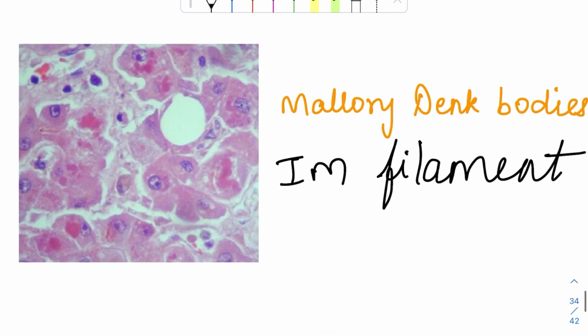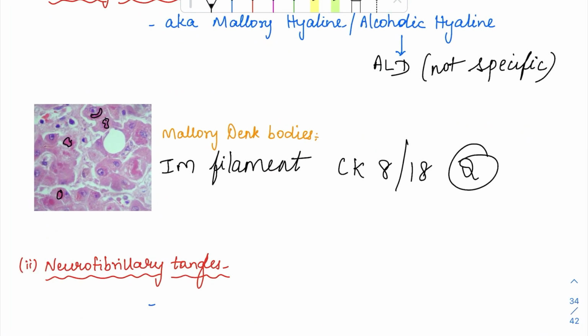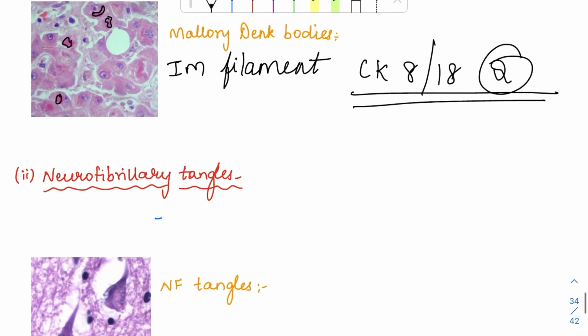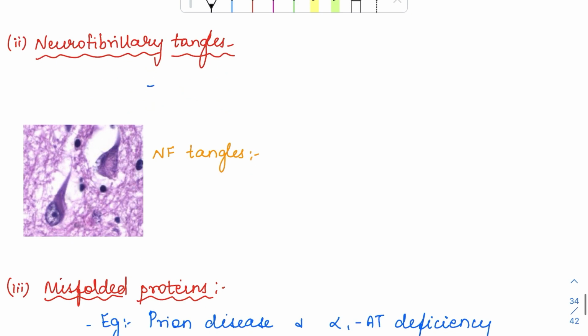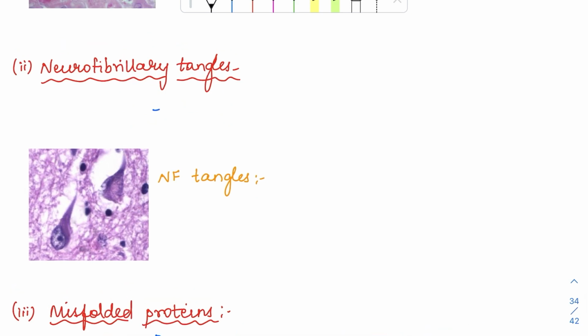It deposits as a pinkish eosinophilic material inside the cytoplasm of the cell. This was asked as an image-based question before, and they asked for the composition of this Mallory-Denk body. The next intracellular protein accumulation is the neurofibrillary tangle. It is composed of another intermediate filament called neurofilament plus tau protein.